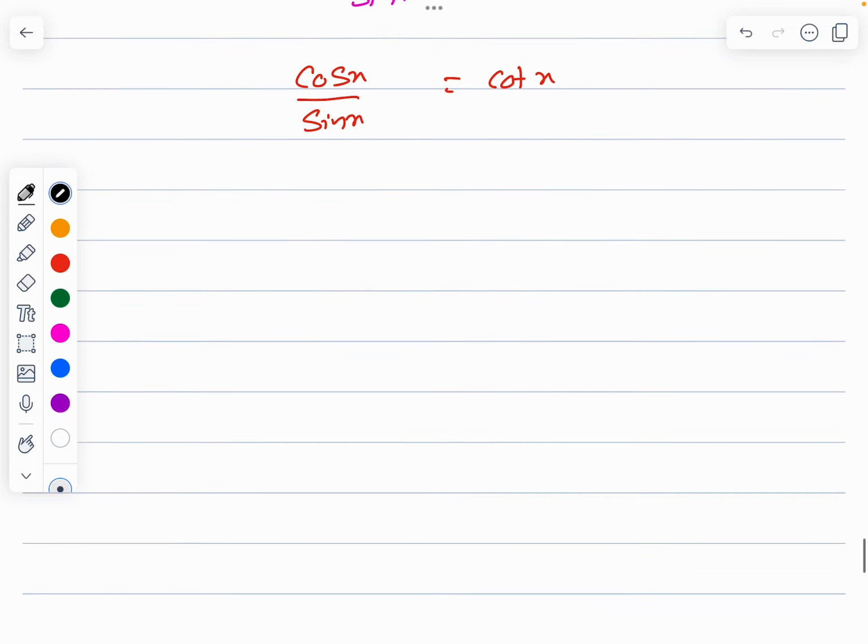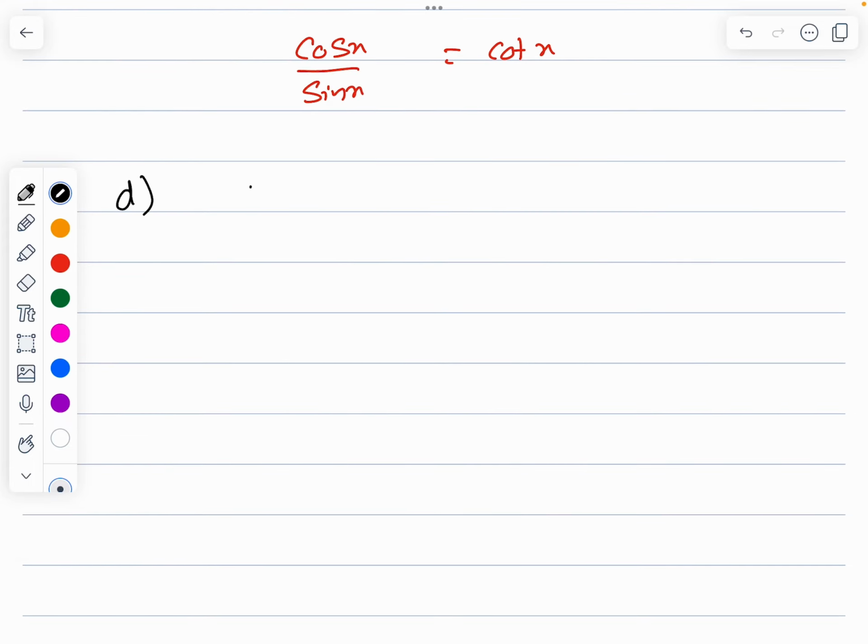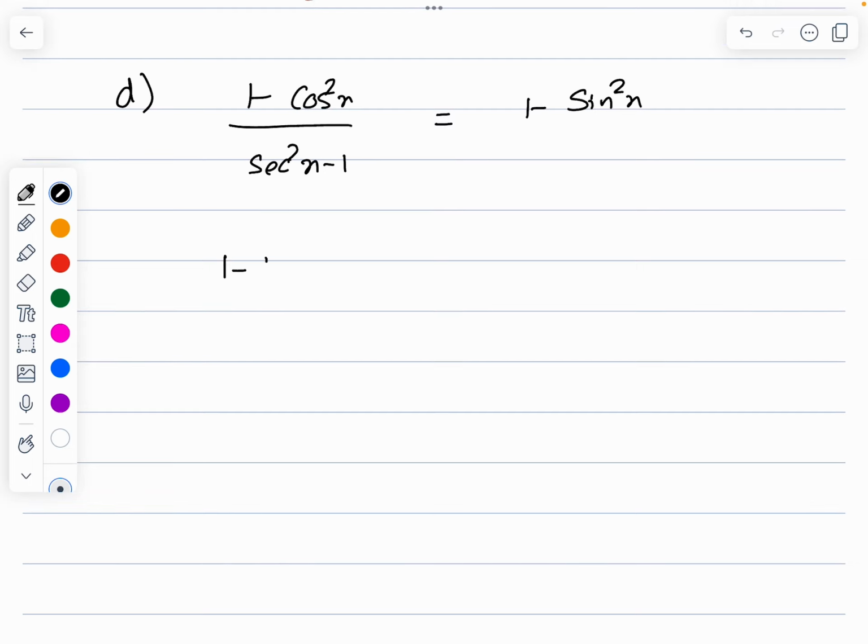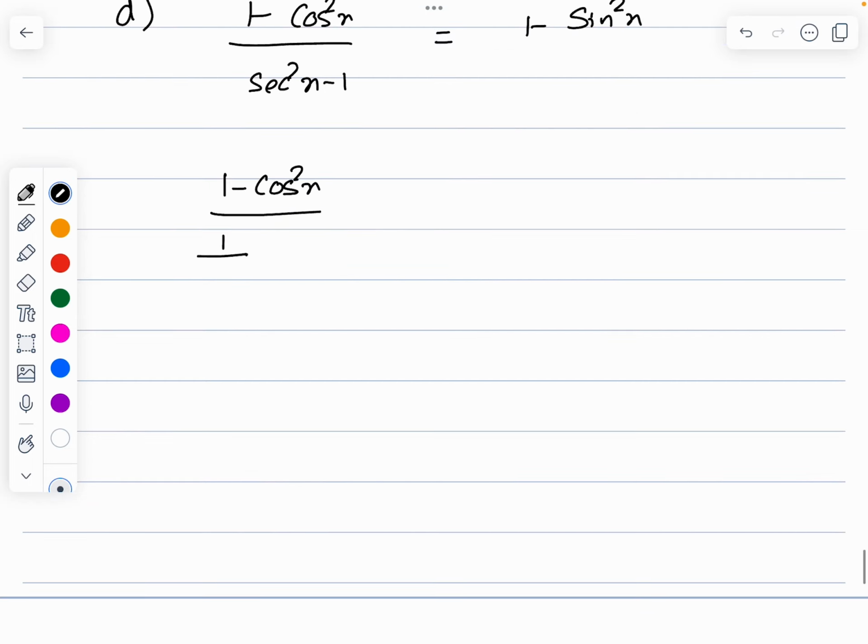Now coming to part D. (1 minus cos square x) upon (secant square x minus 1) equals 1 minus sin square x. Secant square x can be written as 1 upon cos square x, minus 1.